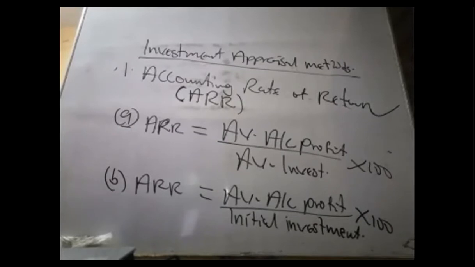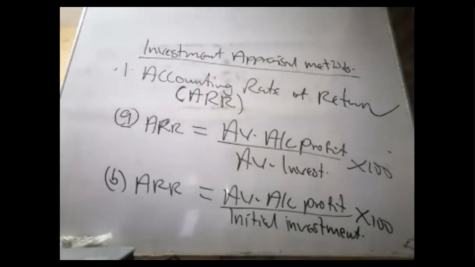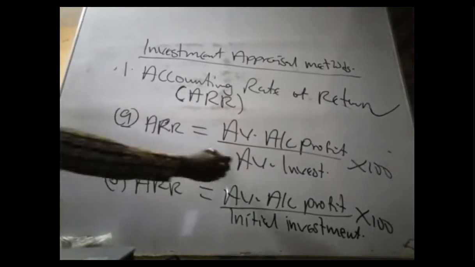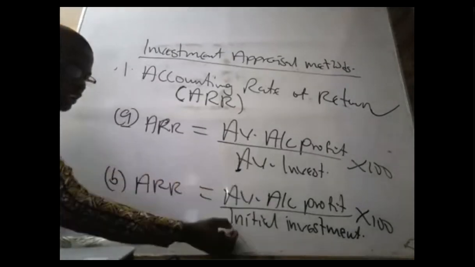If they don't tell you, that doesn't mean that they're not good though. And again, if they don't tell you, kindly select the best one and make it clear to the examiner. So you don't hide anything from the examiner. Make it clear: Mr. Examiner, I am using the average method, the average investment. One formula uses average investment, the other uses initial investment.